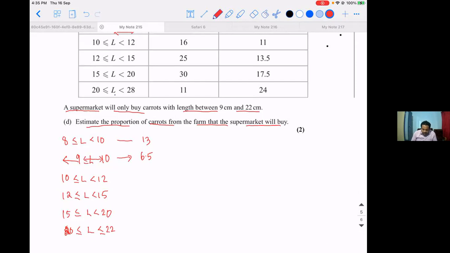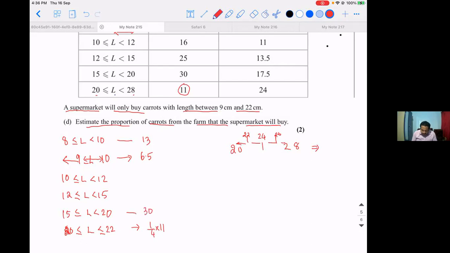So from 20 to 28, how many carrots? It's 11. So what is the midpoint? Midpoint is 24. So 22 is actually 1/4 of this interval. So from 20 to 22, we will take 1/4 of 11.